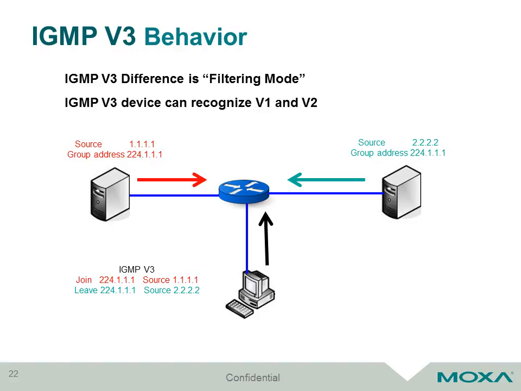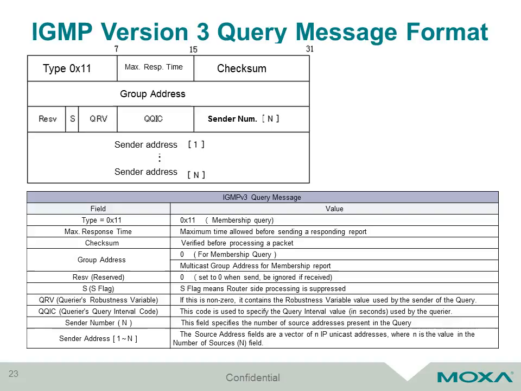As you can see in this case, the IGMP version 3 device only allows source 1.1.1.1 to join, so the PC will only receive packets from source 1.1.1.1, but not source 2.2.2.2.